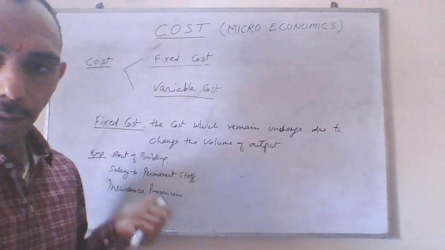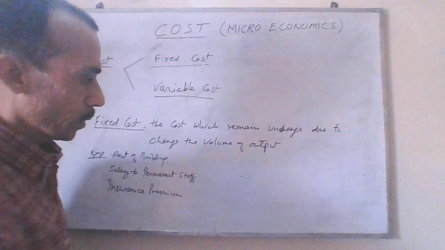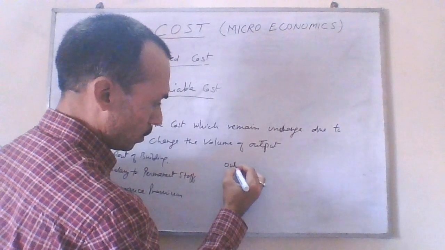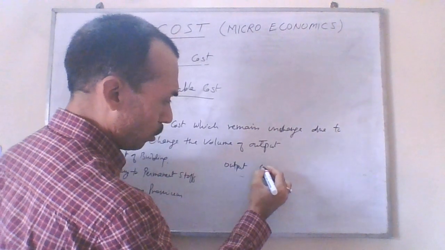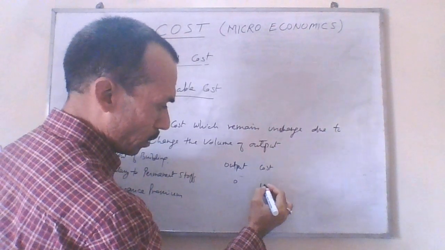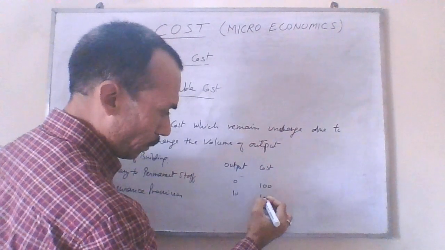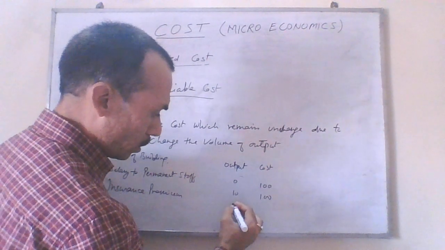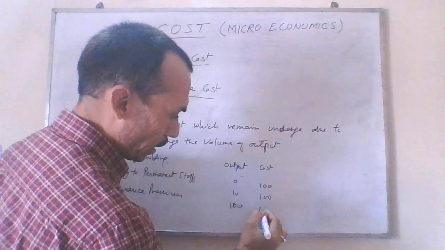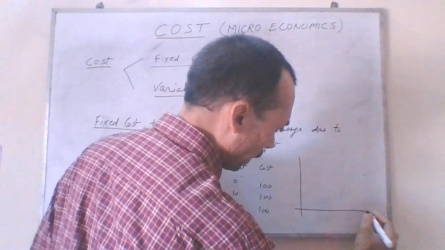These costs remain unchanged even if the output increases, decreases, or even becomes zero. Say this is your output and this is cost. When output is zero, the cost is say rupees 100. When output is 10, the cost remains 100. When the output is 100, the cost is again 100. So when we draw the diagram, the fixed cost is parallel to the x-axis.